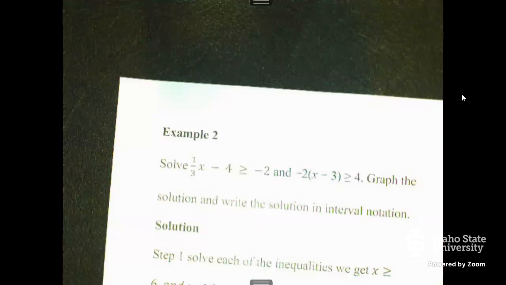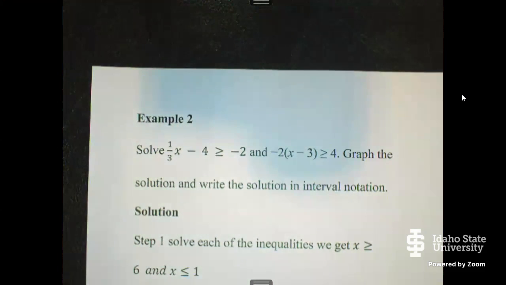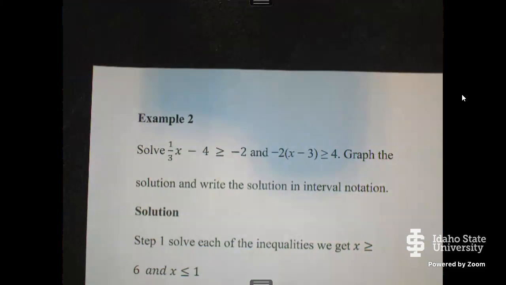Okay, let's solve this. So 1 over 3x minus 4 greater or equals to minus 2, and minus 2x minus 3 greater or equals to 4.